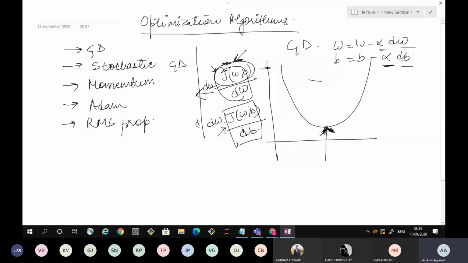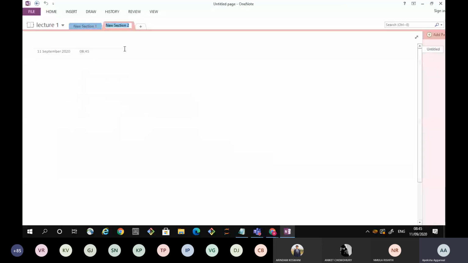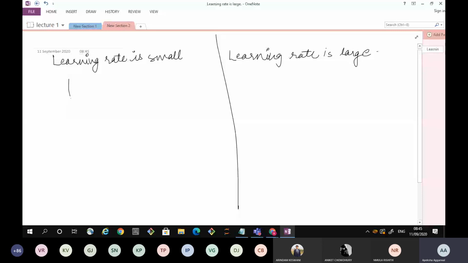There is one thing about gradient descent: what if my learning rate is small, and what if my learning rate is large? What does the learning rate decide? It decides how much I move towards my goal, what my step size is. Suppose my learning rate is small.